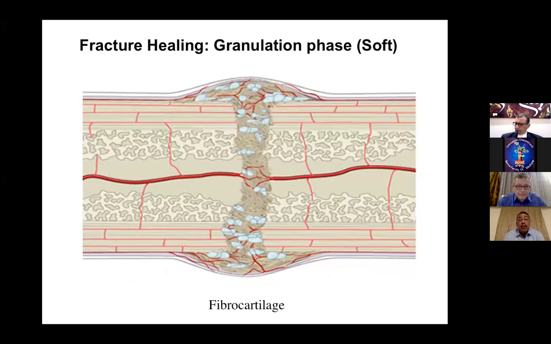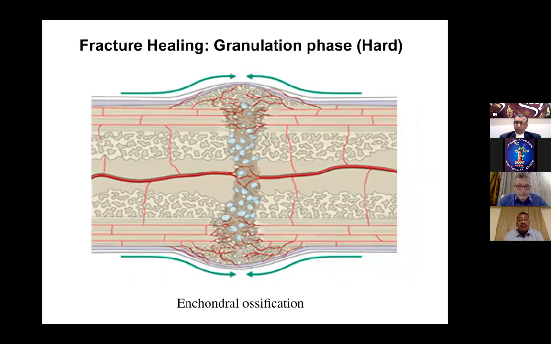And this fibrocartilage, in the presence of some stability of the fracture, will be transformed to another tissue through enchondral ossification, giving this granulation tissue some hardening. So it will transform from soft granulation tissue to hard granulation tissue.